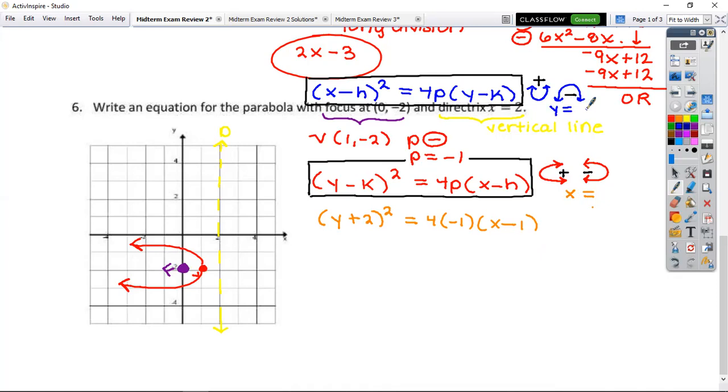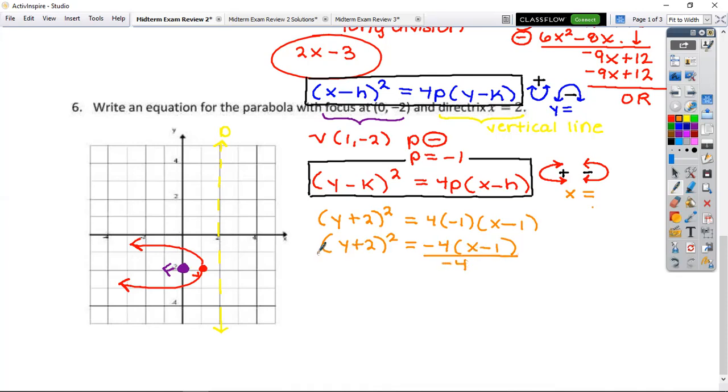Again, it's really heavy on the details. So if I keep going with this, I'm going to leave this (y + 2)² = -4(x - 1). You have a couple choices. You can FOIL out the left-hand side if you'd like, or you can leave it squared and just move everything over and get x by itself. So this is equivalent.